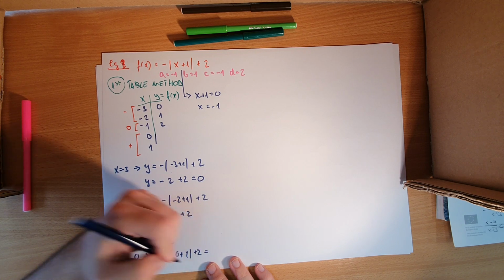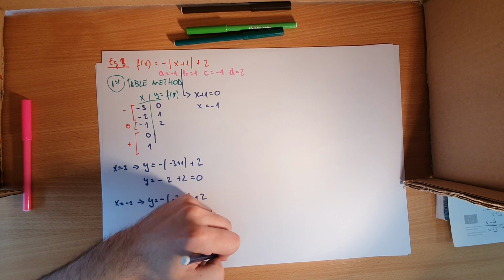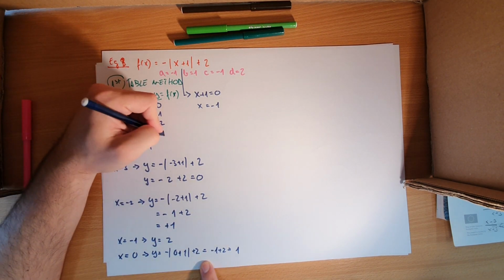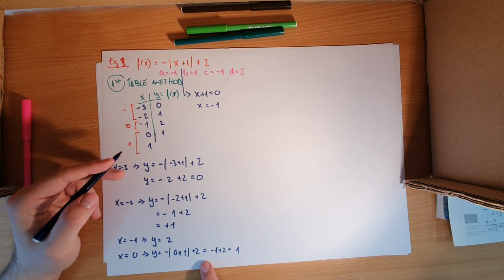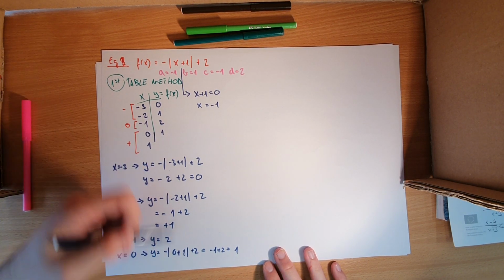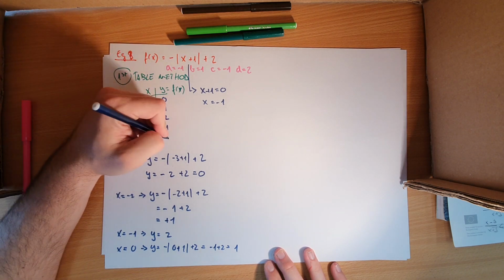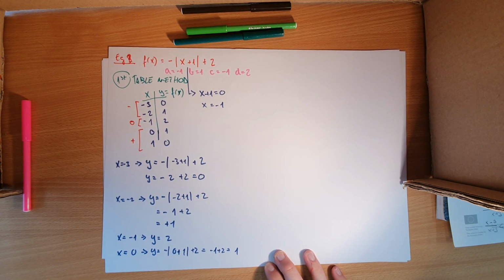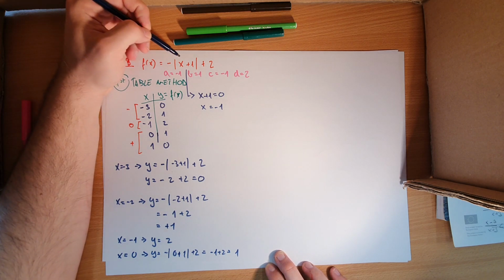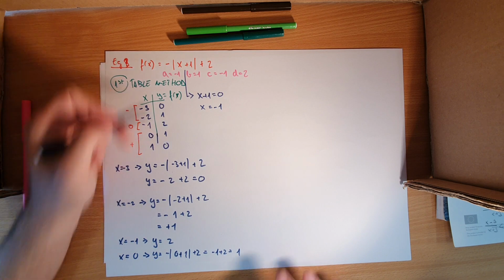I apologize, I lost myself for a second there. Minus 1 plus 2, and it is 1. So 1, and then with x equal to 1, when you go through the same method again, we're going to get 0 in the end, because you have minus 2 plus 2, it is 0. Okay, so we have the table.